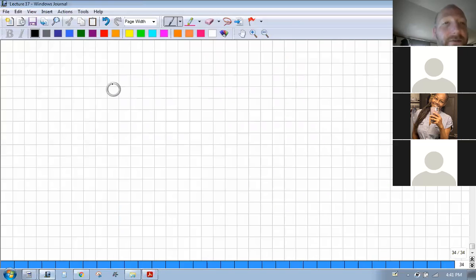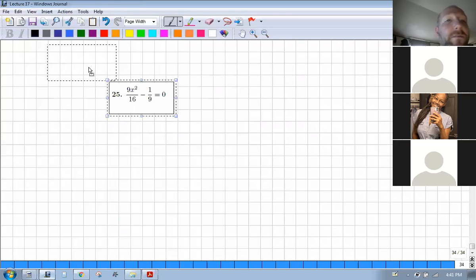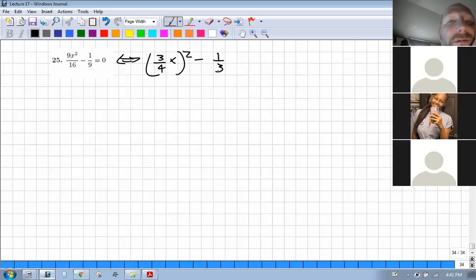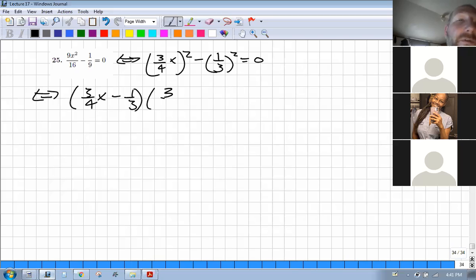25 has nasty fractions. You know what? We can just leave the fractions. This is 3/4 x squared minus 1/3 squared, which we can factor as a 3/4 x minus 1/3 times a 3/4 x plus 1/3.